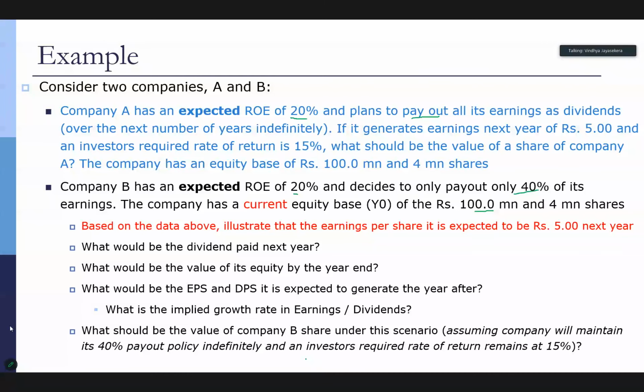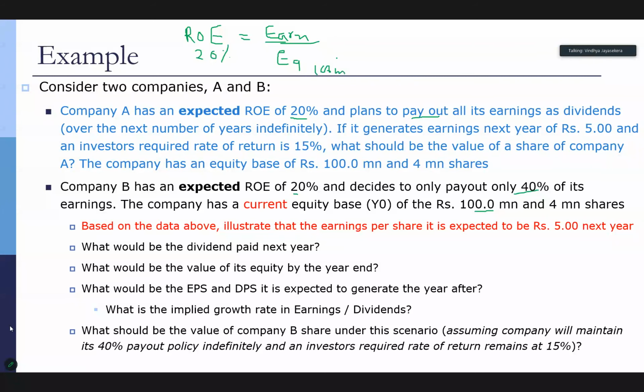How much should the earnings per share be? Sorry, 20 million, correct. Earnings per share comes from their return on equity. So what is return? Return is your earnings. ROE is earnings divided by equity. ROE is 20%, equity is 100 million.